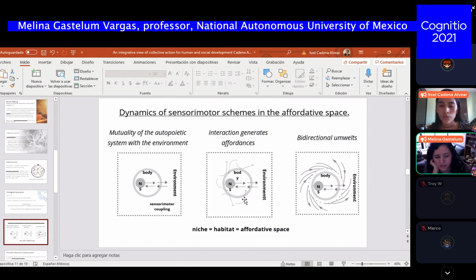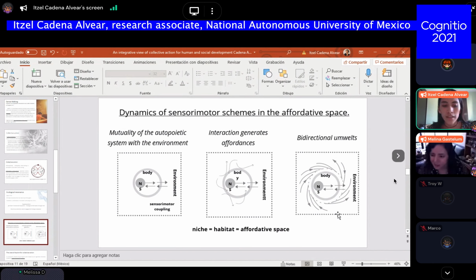They are continuous and bidirectional, which means that there's feedback between the body and the environment, generating affordances for the agent and the particular sensory motor schemes that get mastered over development to configure an autonomous system with particular basic abilities, like walking, grasping, drinking, etc. And then in the third one, we can see the bidirectional umwelts generating through development an affordative space that constitutes the ontogenetic niche in the environment, which itself has its own trajectory that transforms both the agent and the niche over time.